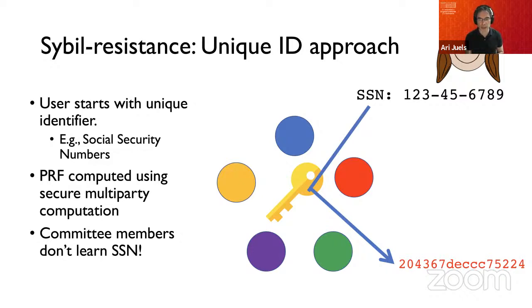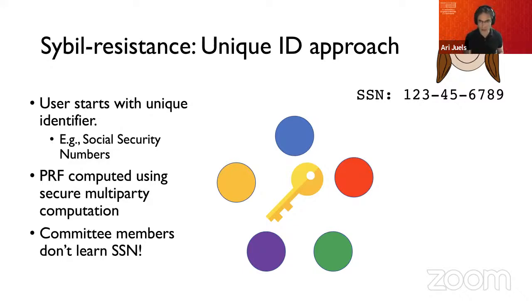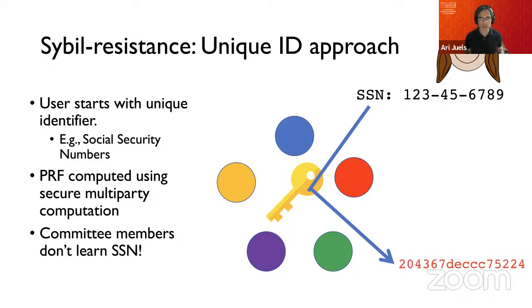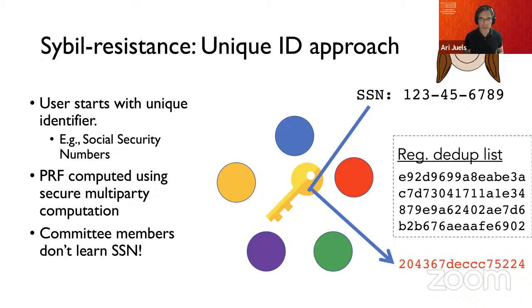to deduplicate users. So when Alice goes to register with Candid, she presents her social security number in a privacy preserving way. It's secret shared across the committee. Committee applies a PRF to it using secure multi-party computation, and out pops some derived value that can be placed on a registration list.